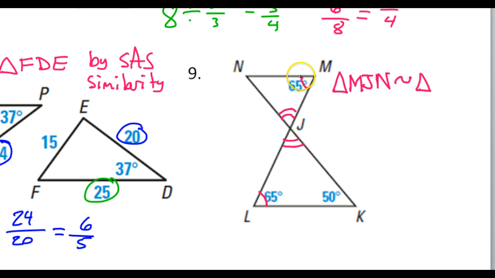Now the M, see the single mark, the 65? That's the same as the L. So I'll put the L next. And then of course the J is the same for both triangles. So I'll go ahead and put the J. So looking at this triangle, I've already done the L and I've done the J, so that just leaves K.